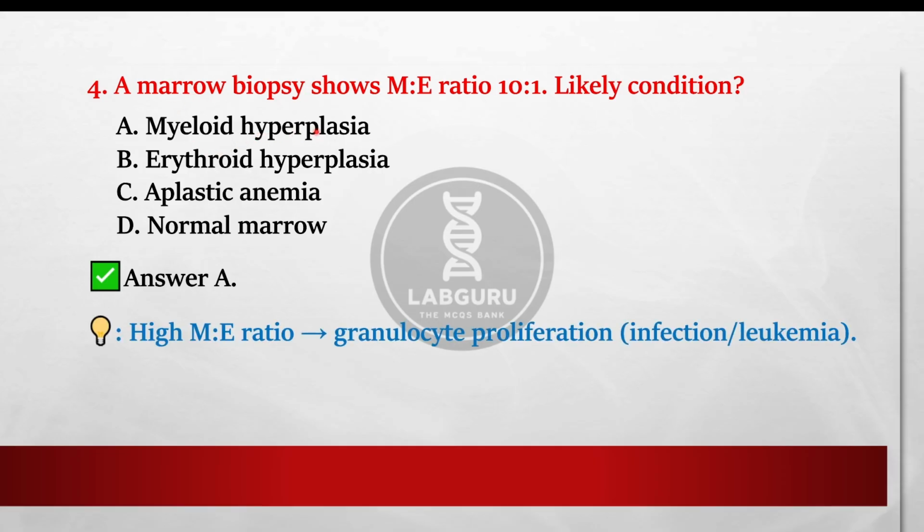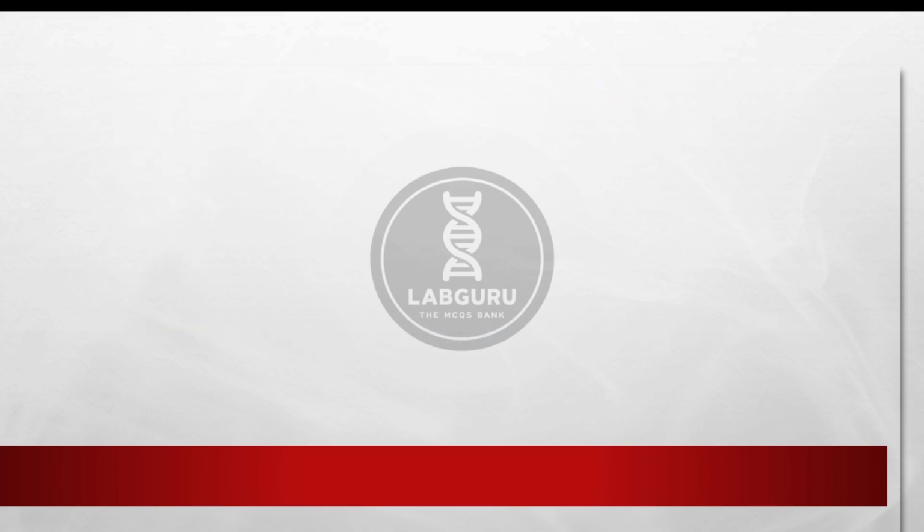What will be the condition for which myeloid hyperplasia is seen here? A high ME ratio is actually seen in granulocyte proliferation. As we know, myeloid means the WBC precursors. Okay, so granulocyte proliferation is here, maybe due to infection or leukemia. So it is a myeloid hyperplasia.